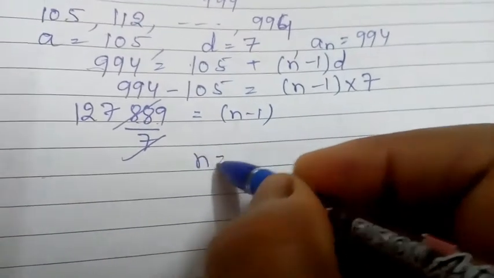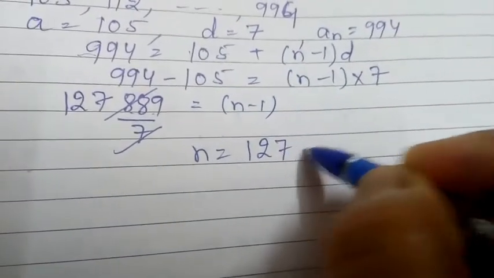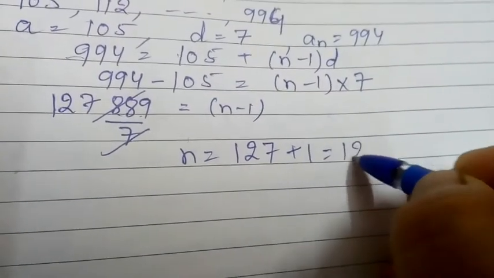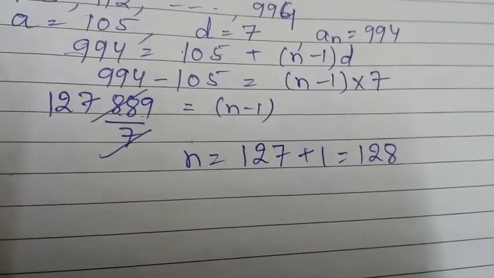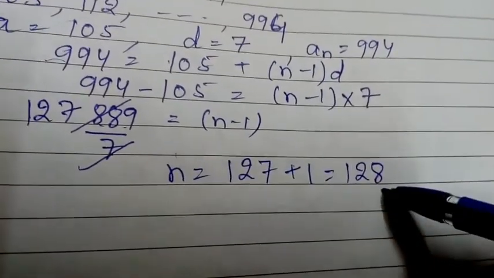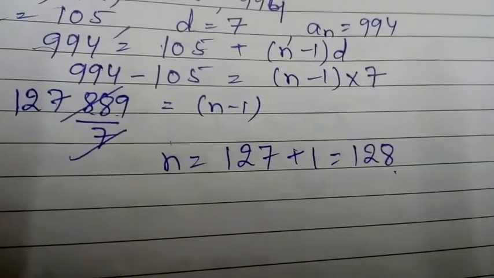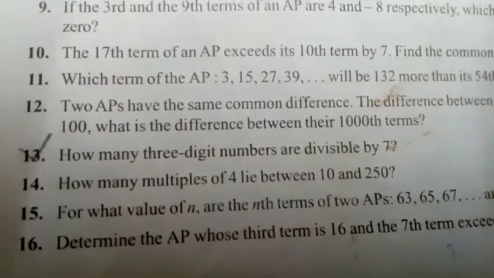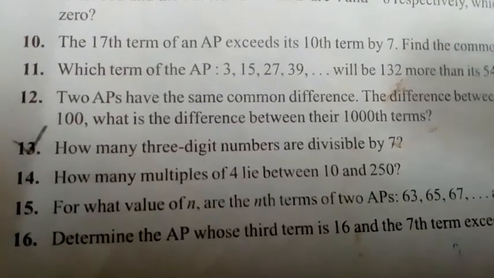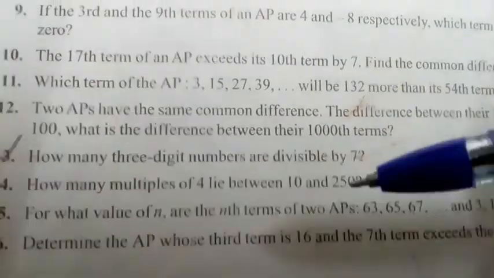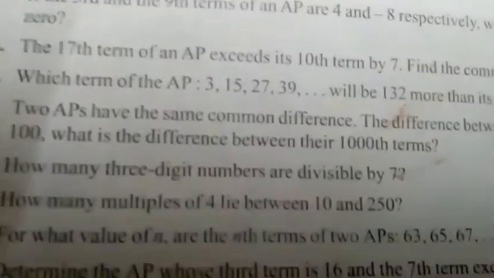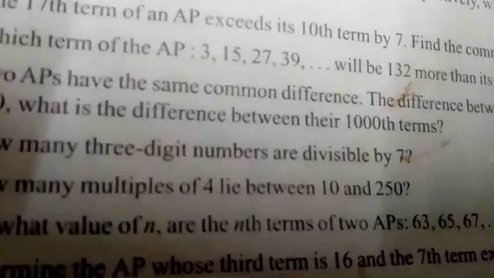N equal to 127 plus 1 equal to 128. How many 3-digit numbers are divisible by 7? The answer is 128.